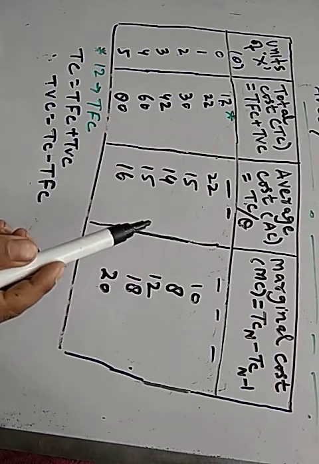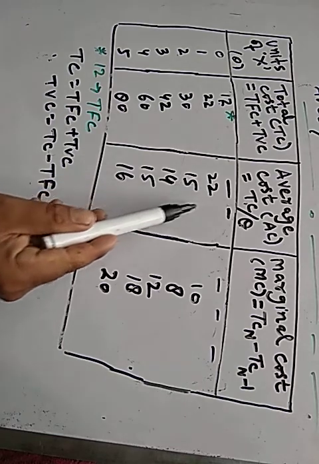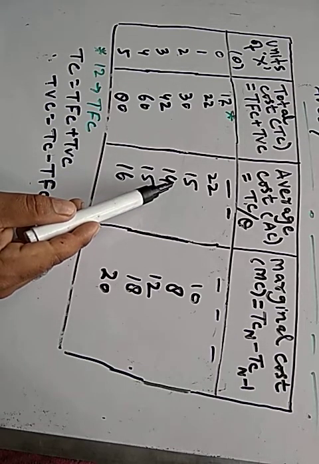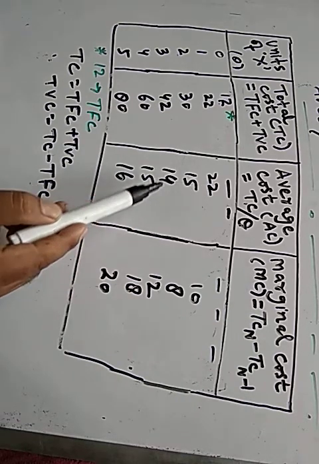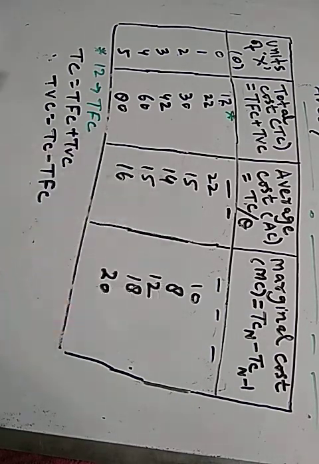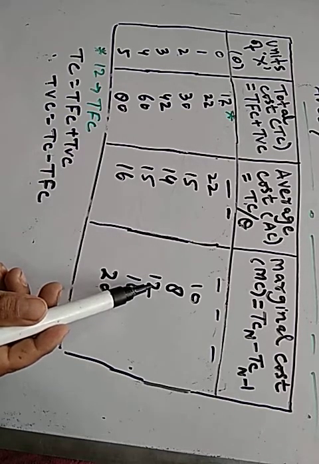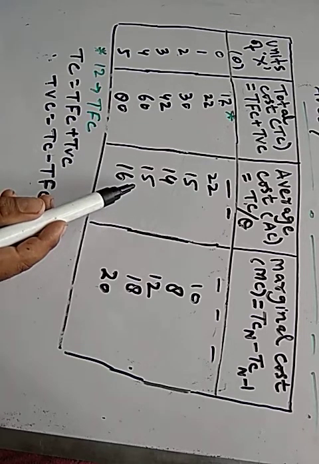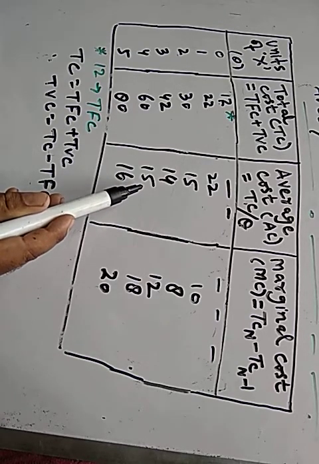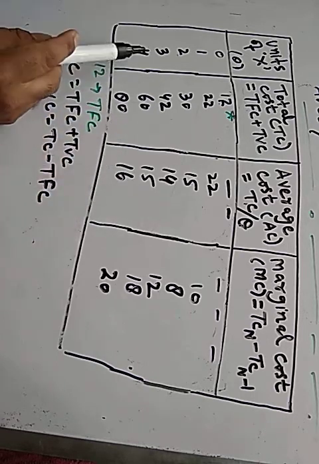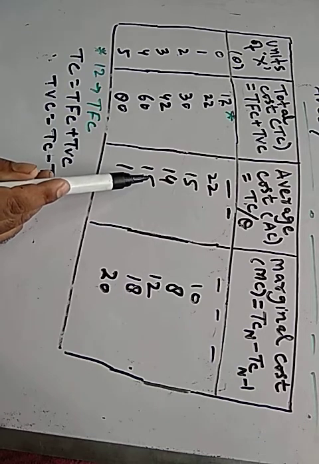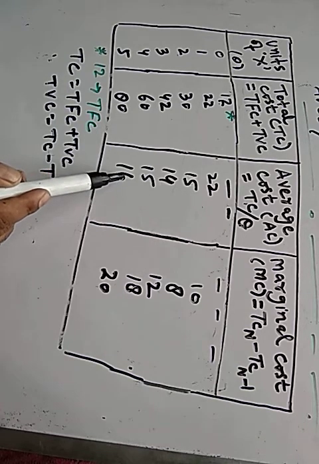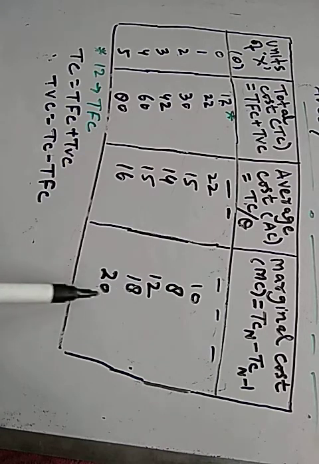But the relationship is that in the initial stage, the value of average cost is higher than the value of marginal cost. The value of average cost is 22, 15, 14. Marginal cost is 10, 8. And after reaching a particular level of output, when both are rising, average cost is rising from 14 to 15 to 16, and marginal cost is increasing from 8, 12 to 18, 18 to 20.